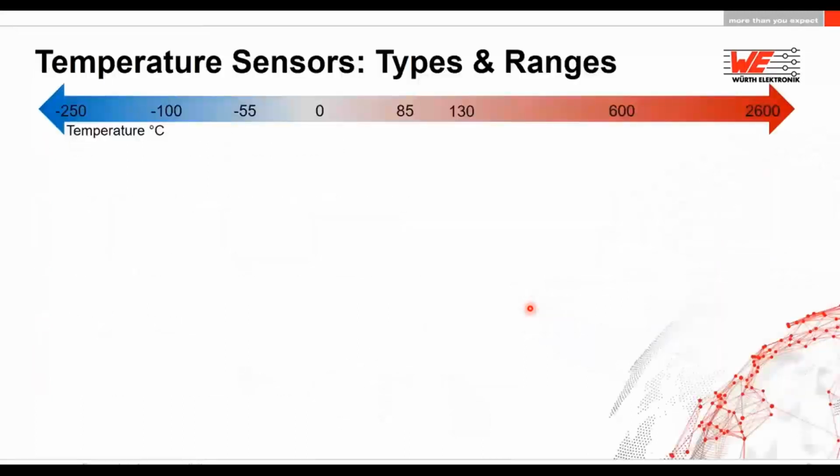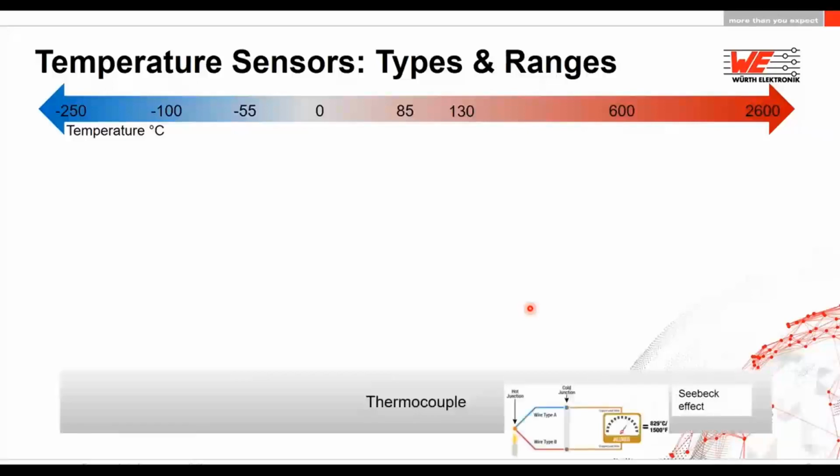Temperature sensors nowadays come in so many different types, some of which you already know. The basic ones, which are the most widely used over wide temperature ranges, are the thermocouples. They are used from minus 250 degrees to more than 1000 degrees.